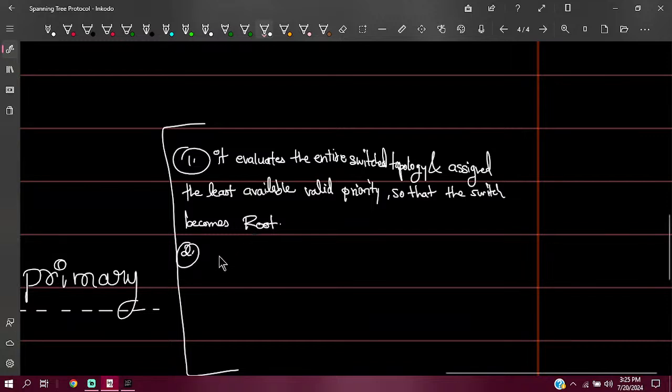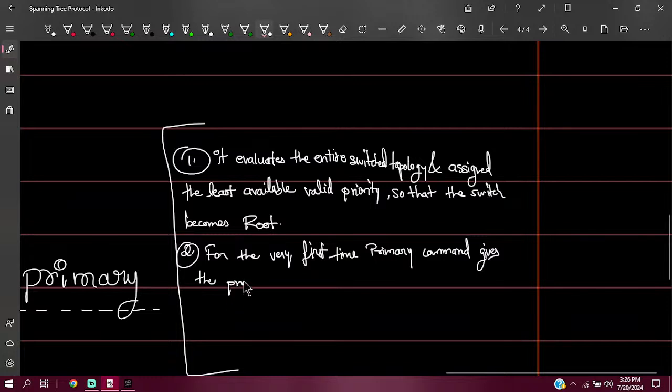So primary command for the very first time gives the priority value as, remember this value, mug it up, 24576.